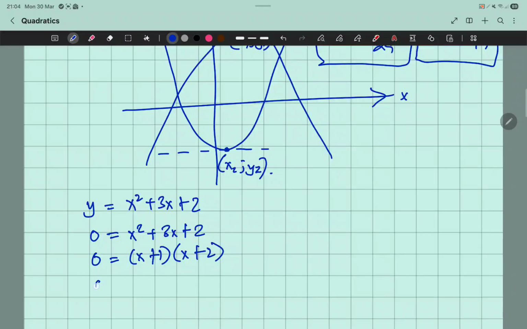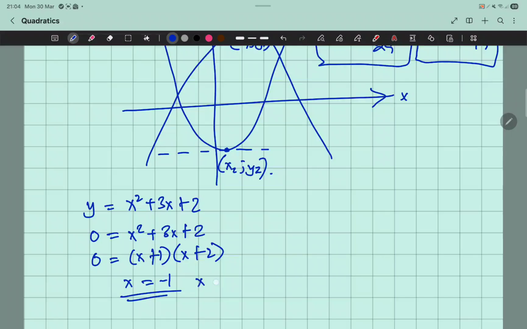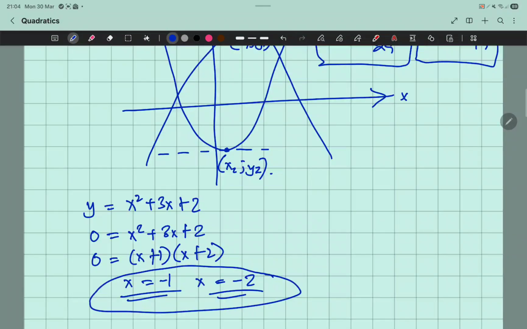So if we solve for this, we will find x is -1, x equal to -2. These are our roots, and they are two distinct roots.